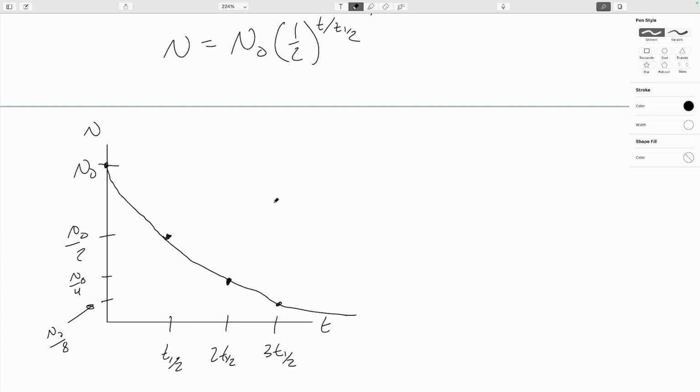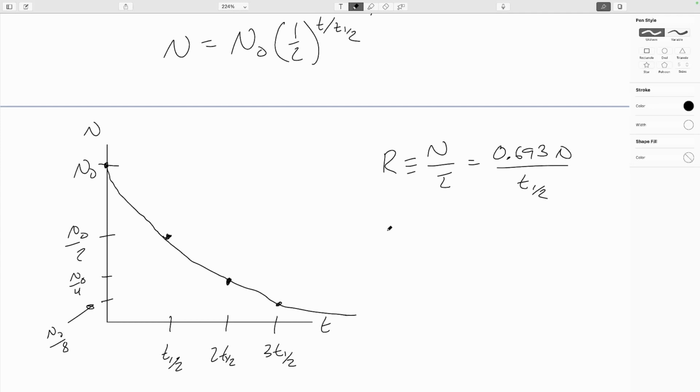Now, since the rate of decay is proportional to the number of particles I have, we can define it as the number of particles I currently have over the decay constant. So again, putting in for half-life, we'd write this as 0.693 times the number of particles I have over the half-life.